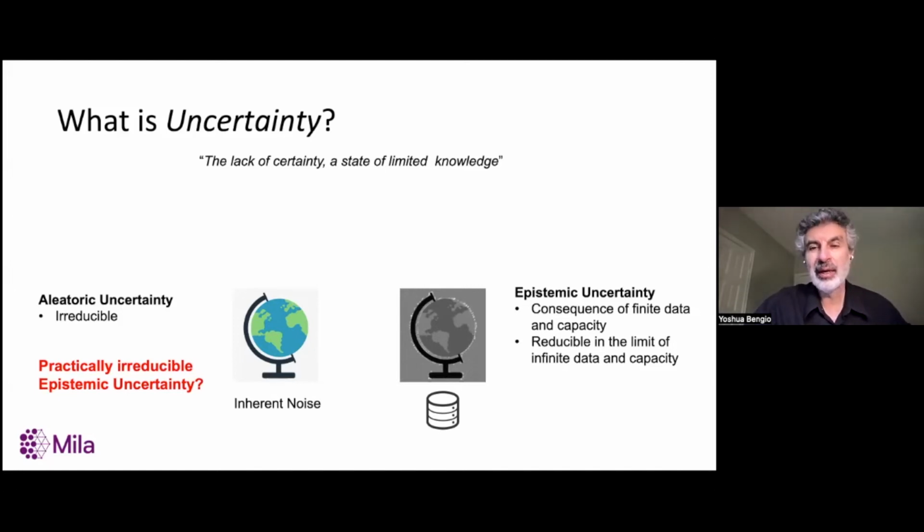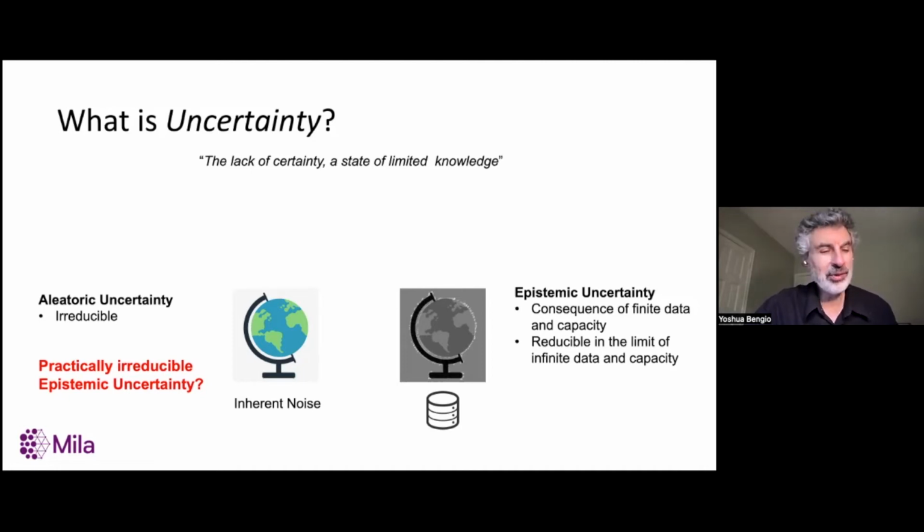There are the errors due to the fact that there is noise in the world, and that's what you could call irreducible uncertainty. It's called aleatoric uncertainty. And then there is the rest, right? So what would be reducible uncertainty if you had more knowledge? So epistemic uncertainty, epistemic, that's knowledge. If you had more knowledge, more compute, or whatever, in principle, it could be reduced.